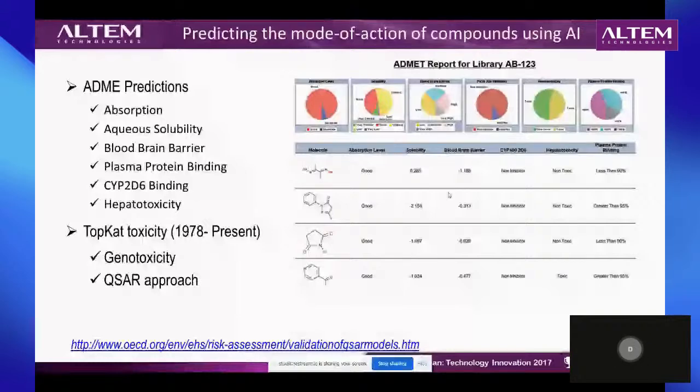And moreover, topcat is also considered an important parameter. And the next important property is topcat.